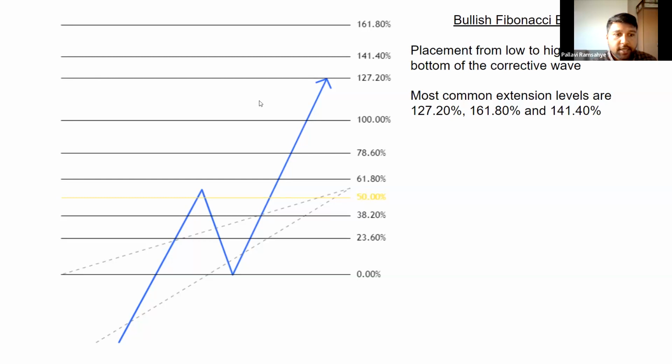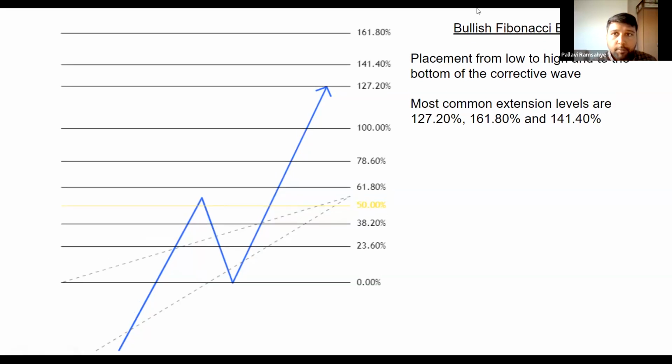With a bullish extension, we're placing from the low of the first impulsive move to the high, and then we're bringing it down. We're not placing it back on the low. We're bringing it down to the retracement. Once price has retraced, that's when we're bringing it down, and then we can see further target zones.